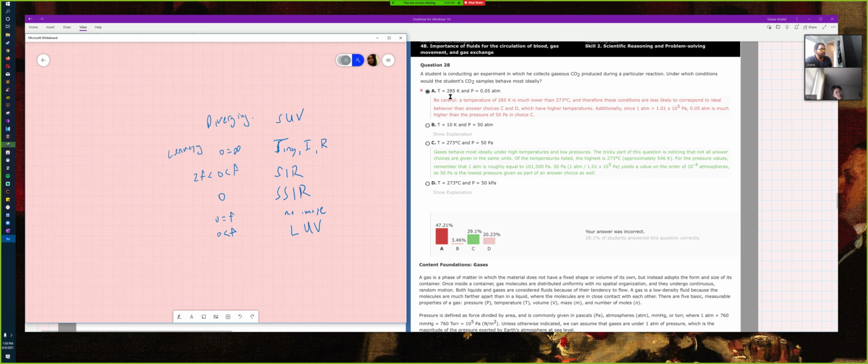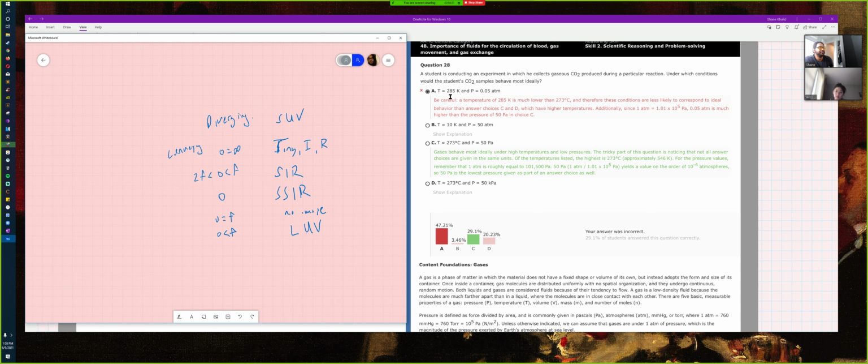I'd be careful. Don't necessarily cross out something just because it's in Kelvin. Kelvin is the best unit to use for temperature. Why do you think? Is it because 0 Kelvin is the absolute temperature where everything stops moving, which means there are no negatives? Yes. So Kelvin is the best thing to use, ultimately.